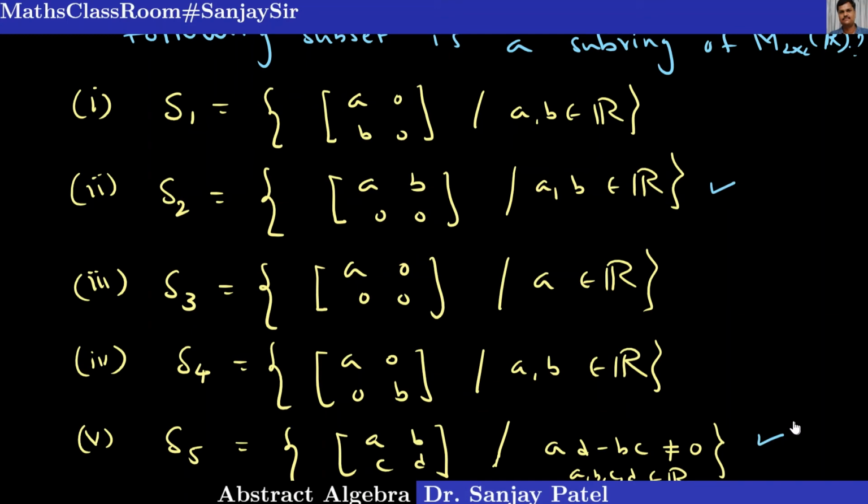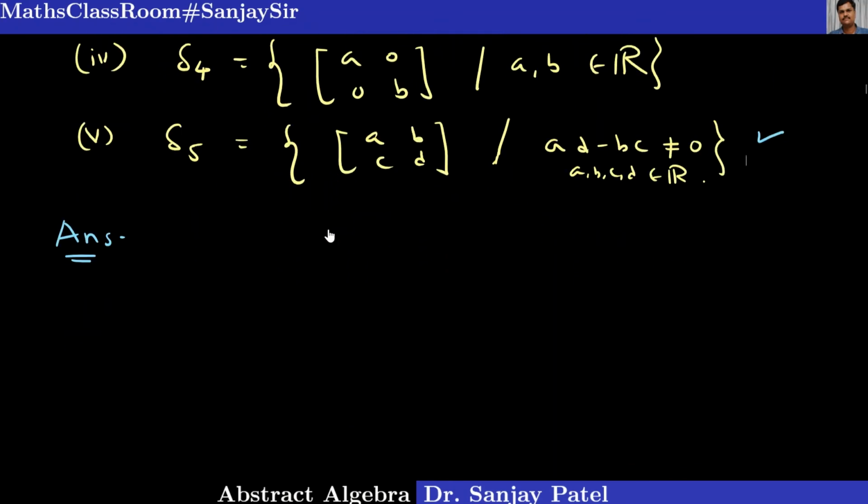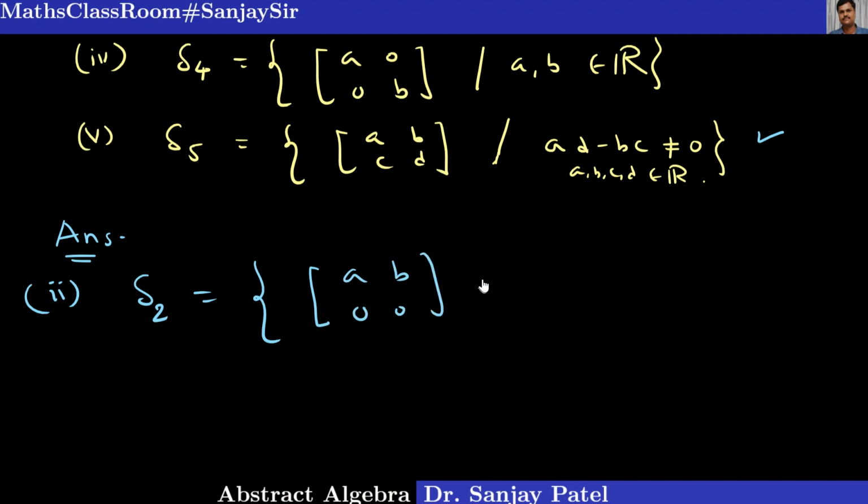So 2 and 5. So first of all, the second problem here, S2 is the set of all matrices of the form [A, B; 0, 0], where A and B are real numbers.